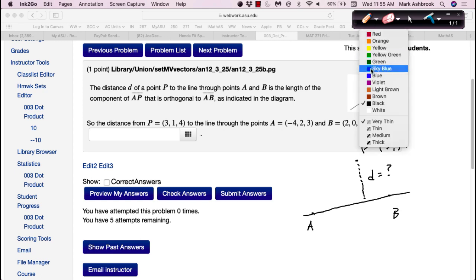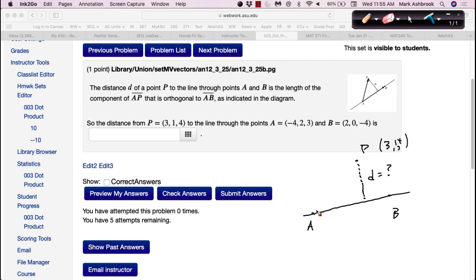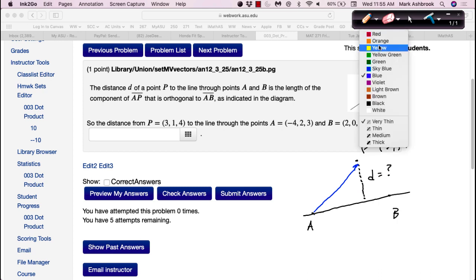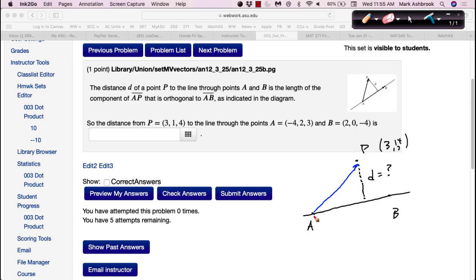What could we do? Kind of the same thing as before. We could make the vector from A to P. We can make the vector from A to B. I think having this point right here is really similar to the Gandalf the Gray problem.